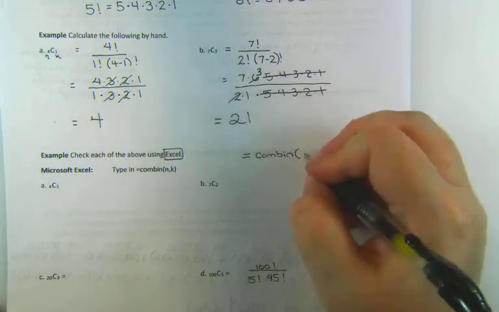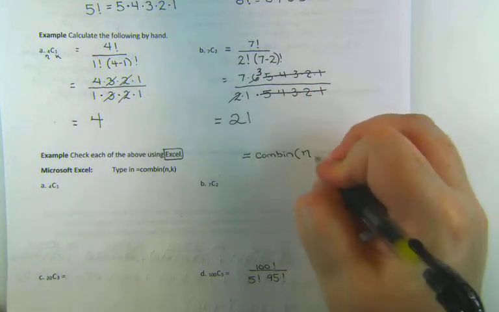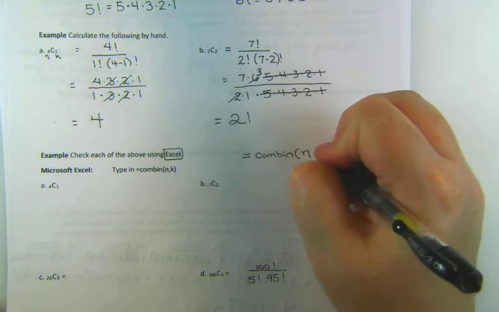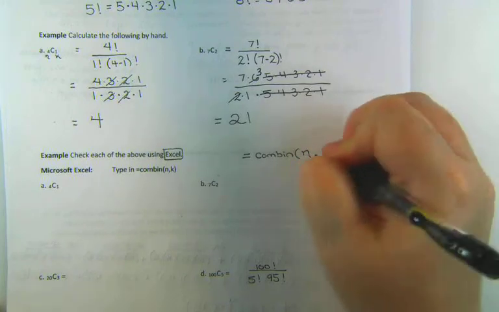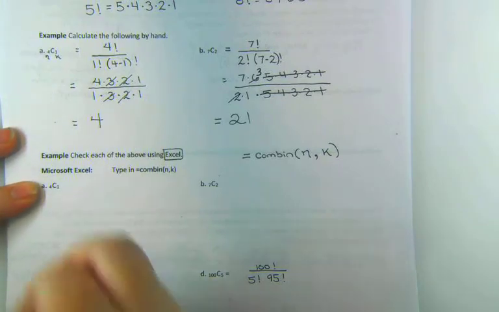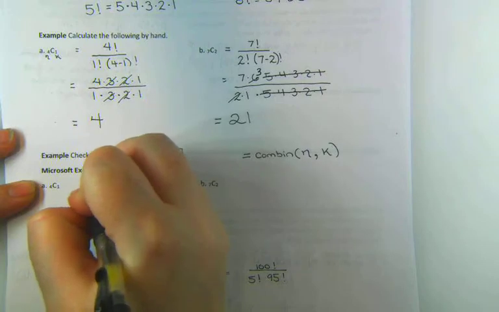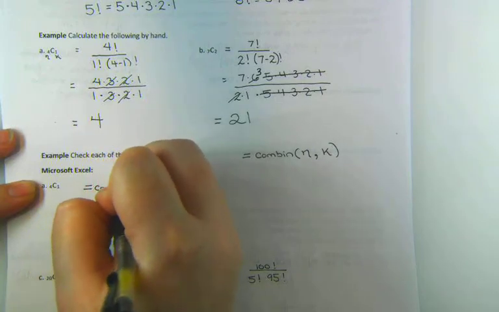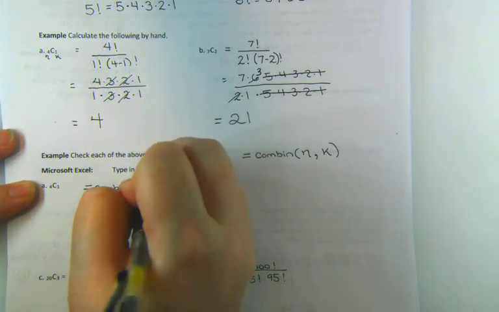It has a really nice function in it, and all you type into the computer, if you're in Excel, you just type the equal sign and then combin, and then you type in the number for the number of trials, comma, the number of successes.